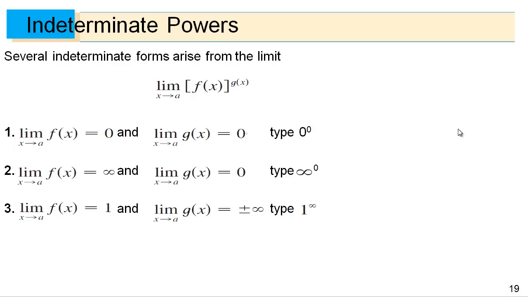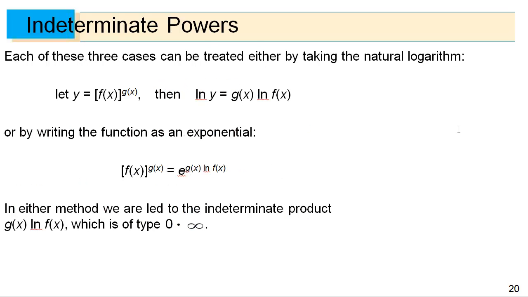If you have one of those three forms, then we can still use L'Hopital's rule by doing some simple algebra first. In all three of these cases, you've got a function to a function. The first thing you'd want to do is take the natural log of that thing, because the natural log makes the power come down. So you get the natural log of your answer is equal to g of x times the natural log of f of x. Because in your original thing, you're taking a limit of the right hand side, and that's going to equal some number.